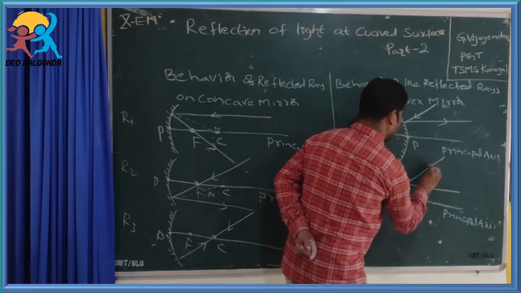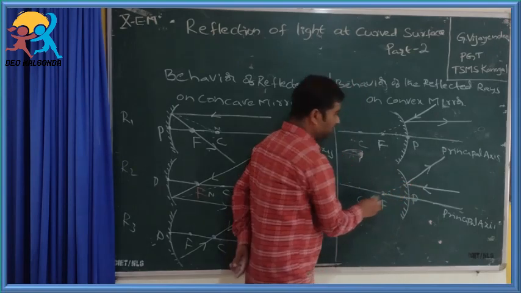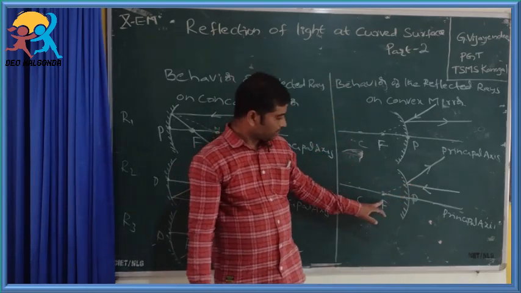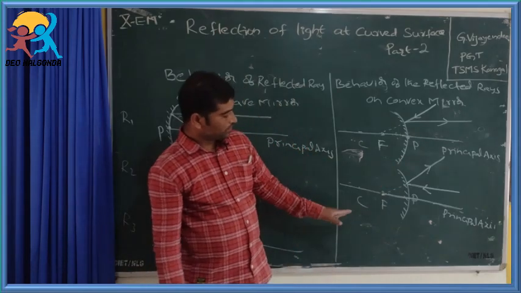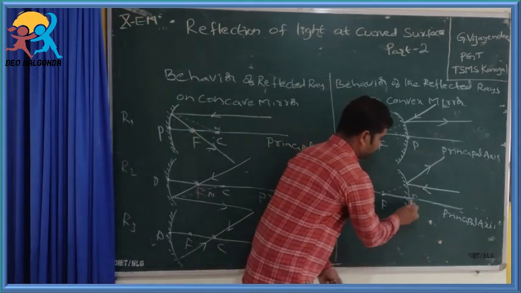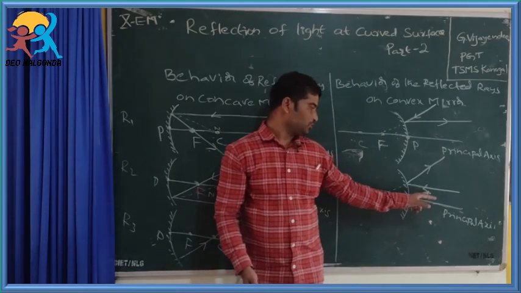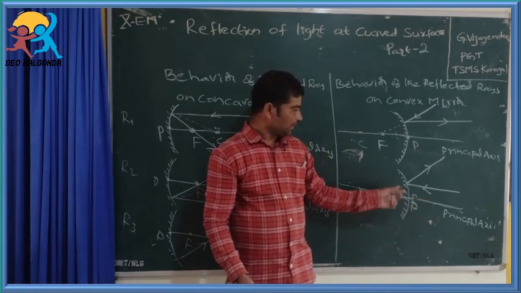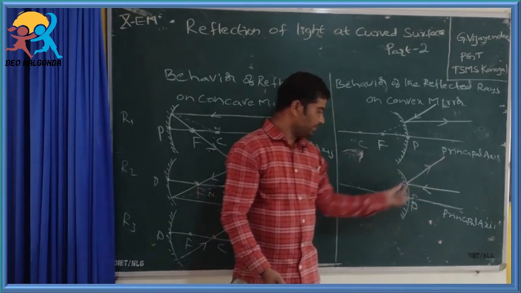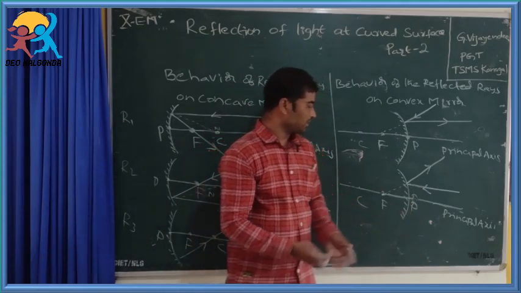This is the reflected ray. If we extend the reflected ray, it appears to diverge from the focus. Second rule: if the incident ray is parallel to the principal axis of the convex mirror, then the reflected ray appears to diverge from the focus.